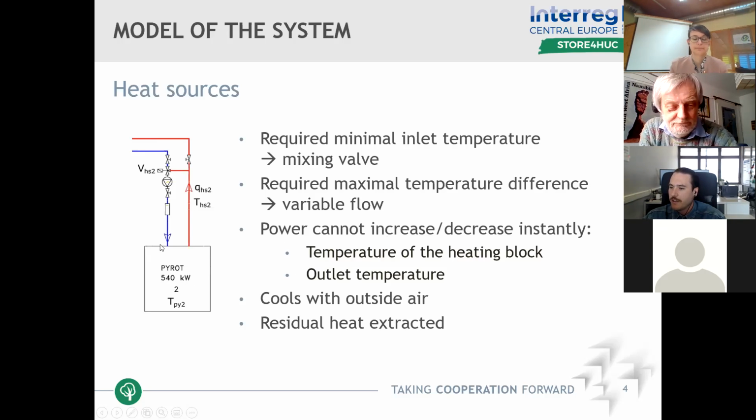Even though we say it will go from 0 kilowatt of power to, let's say, 200 kilowatt, the temperature here will not go immediately. So that's why we have two temperatures that will model this rate change, and also for cooling down. We also model the cooling down from the outside air.